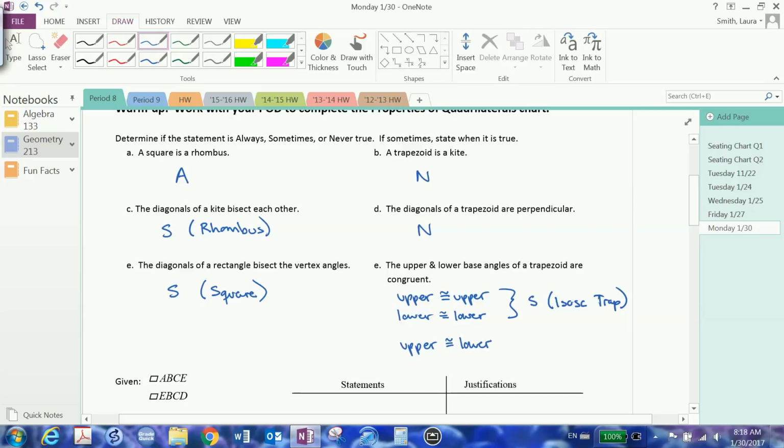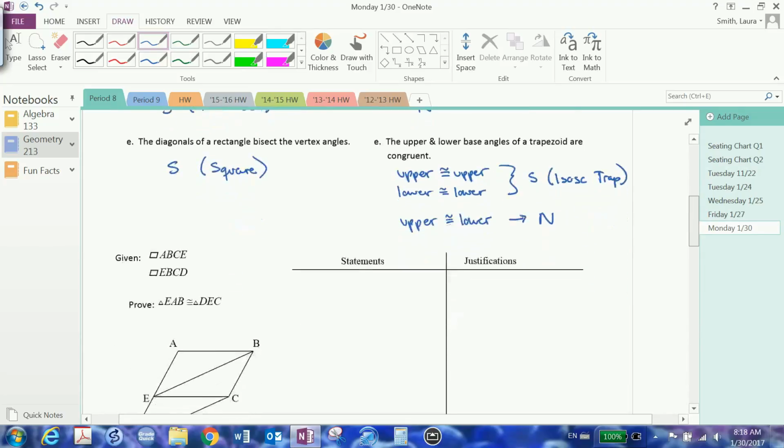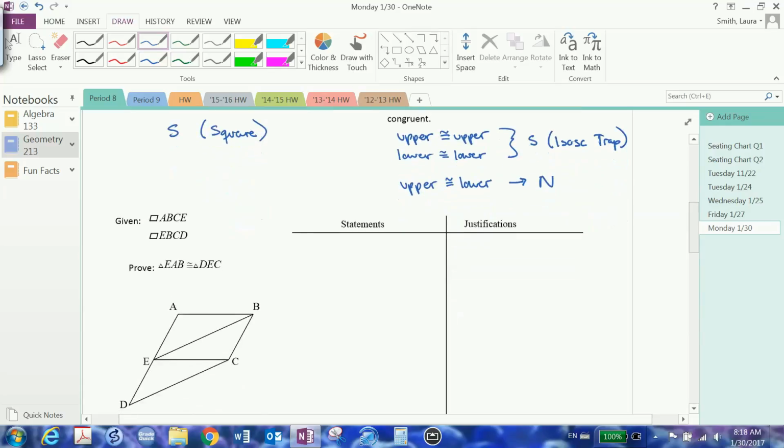If you were reading that as upper being congruent to lower, well, that never happens in a trapezoid. That would happen in, say, a rectangle, right? And a rectangle is not a trapezoid, so that would be a never. Okay, so that depends on how you read that one.